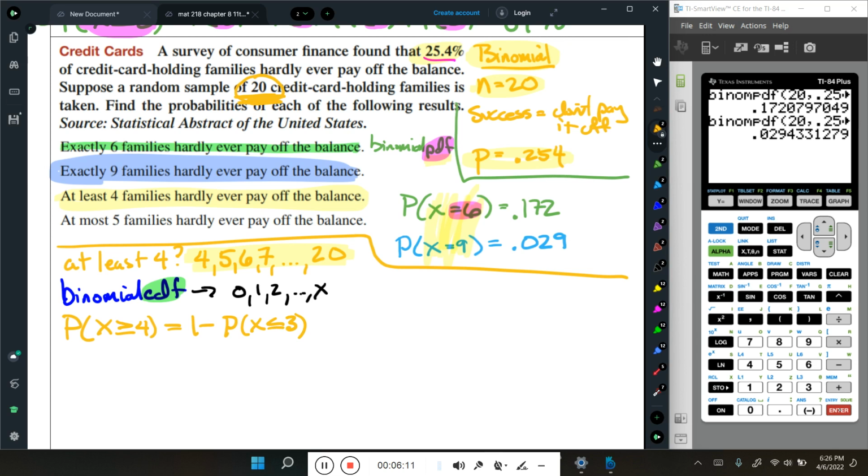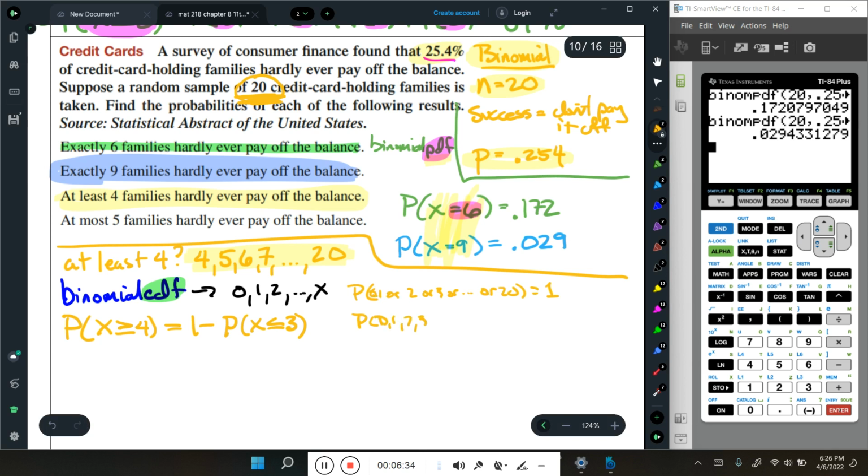So I'm going to make the following argument. The probability of 0 or 1 or 2 or 3 or all the way up to 20 has to add up to 1. All of them add up to 1. So if I did the probability of 0, 1, 2, 3, plus the probability of 4, 5, 6, 7, up to 20, that adds up to 1.